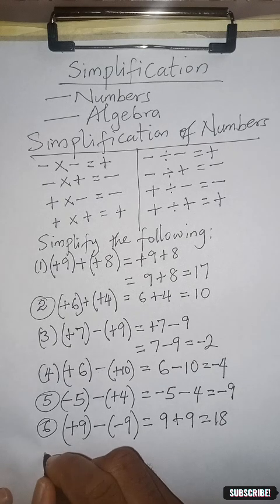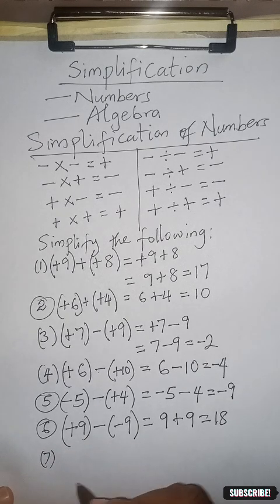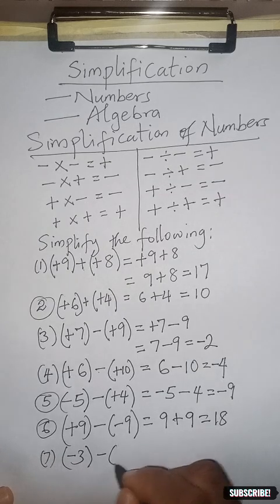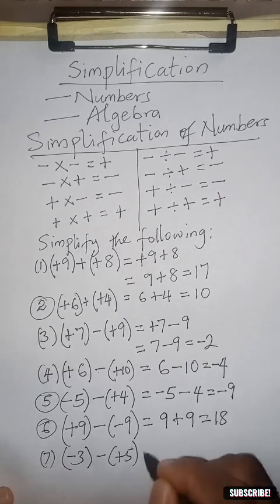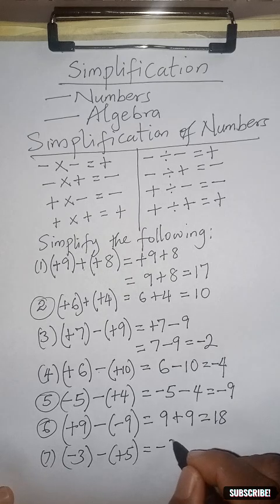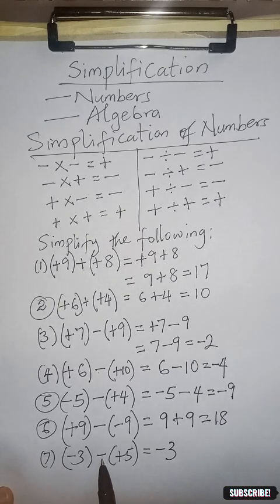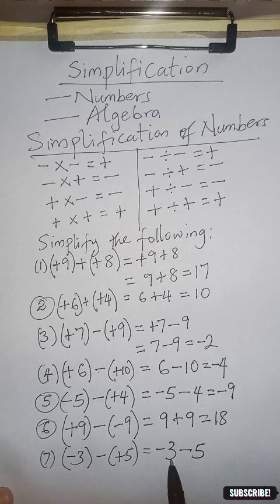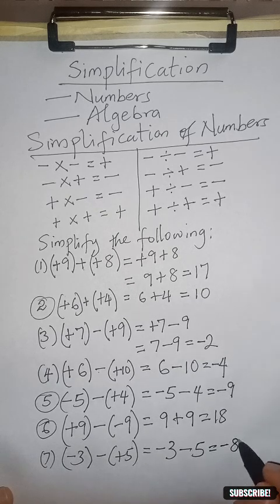Let's try another one, number 7. If I have minus 3 in brackets, minus plus 5, this will give me minus 3, and minus times plus, it's minus 5. Minus 3 minus 5, I'm owing 3, I'm owing 5, that gives me minus 8.